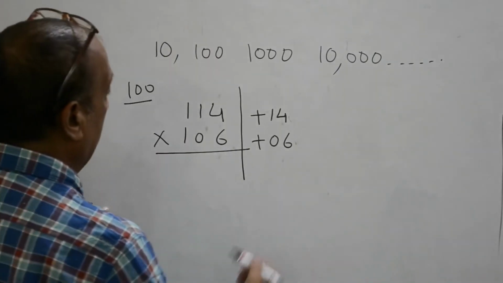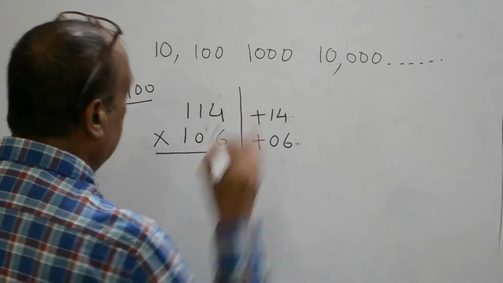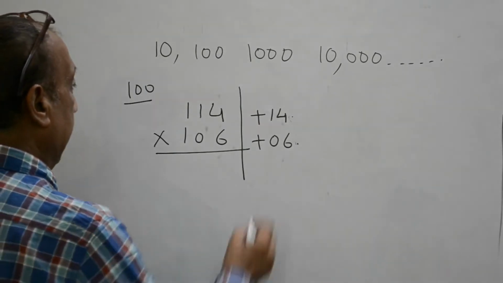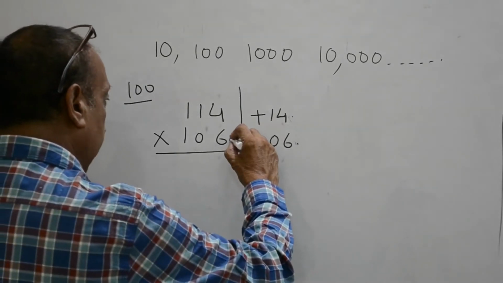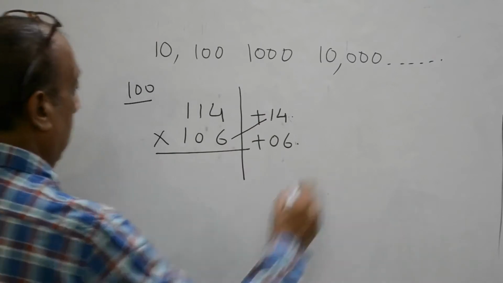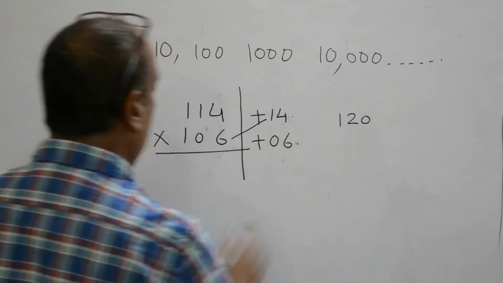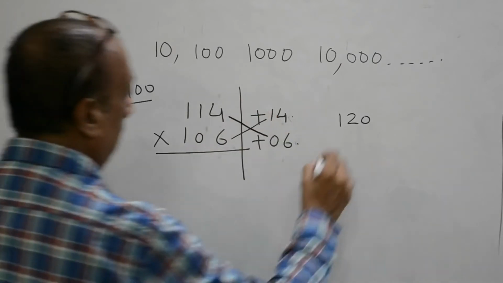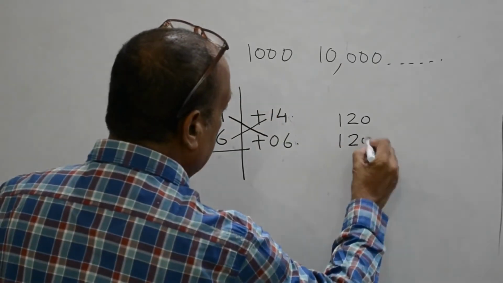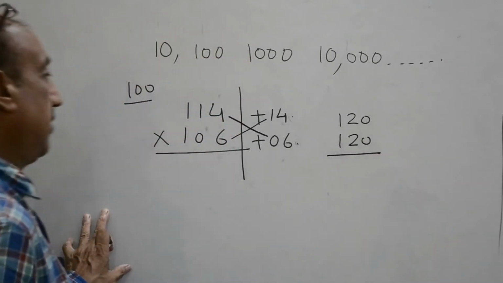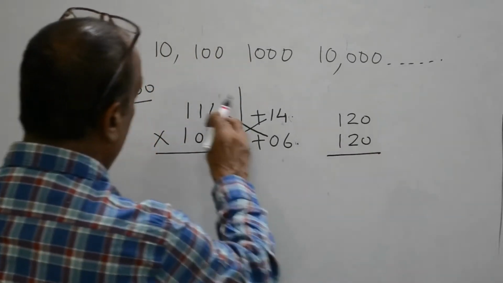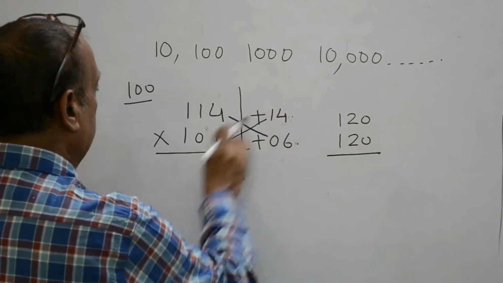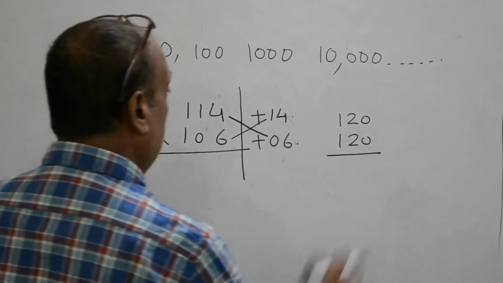If you have calculated these numbers correctly, then you add up either these two, it is 120, or you add up these two, you are always going to get the same answer. So we can do either of the additions in this case.